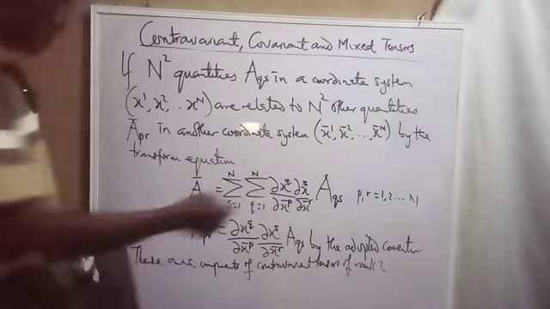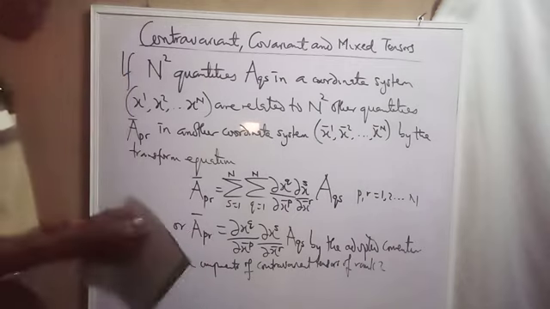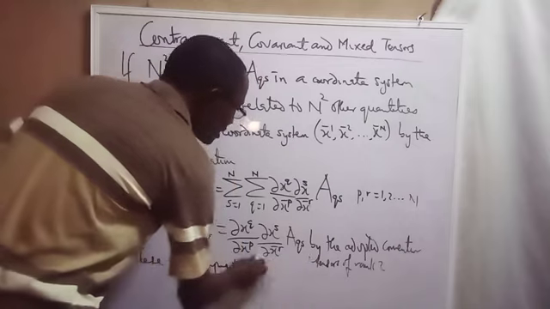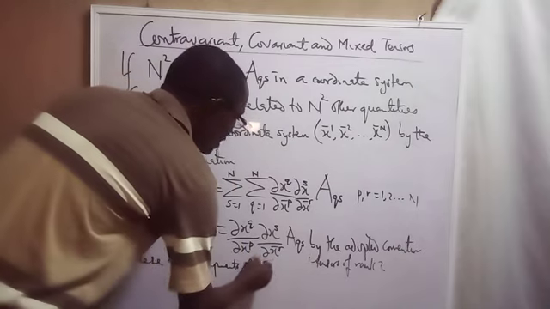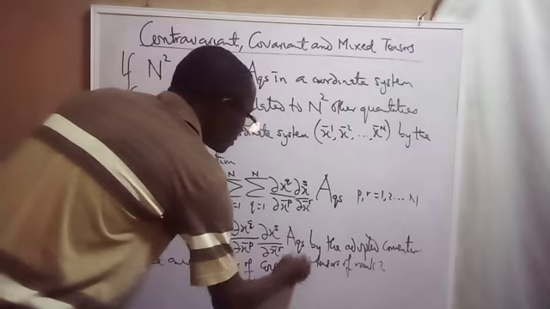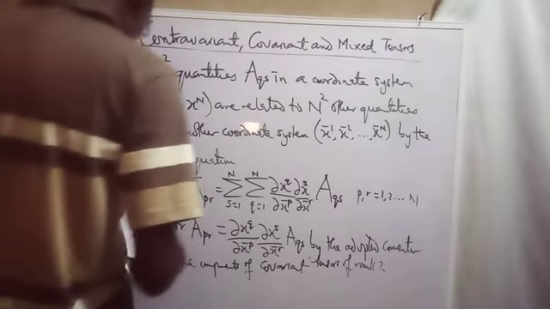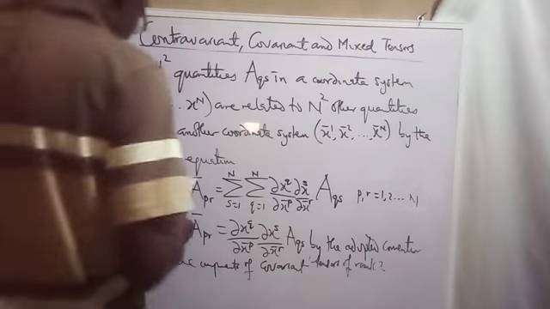So that is it. Now say these are components of a covariant tensor of order or rank 2. I hope you understood this.